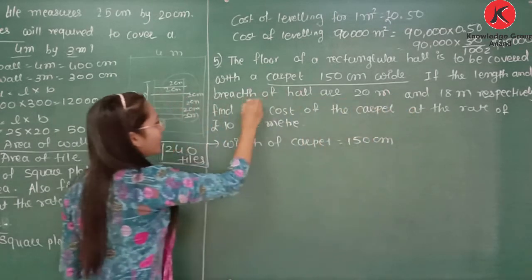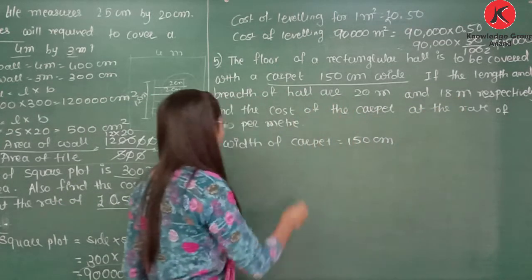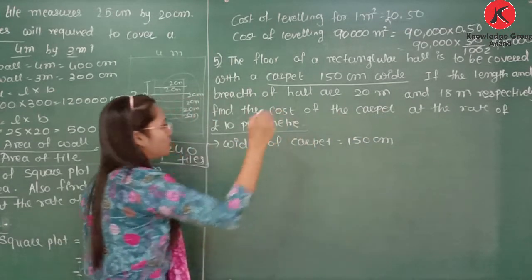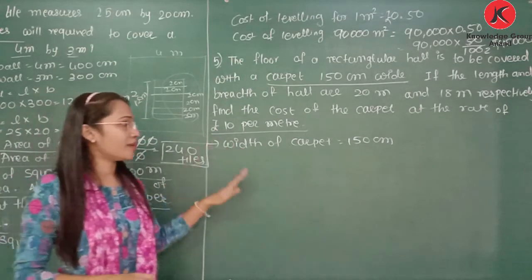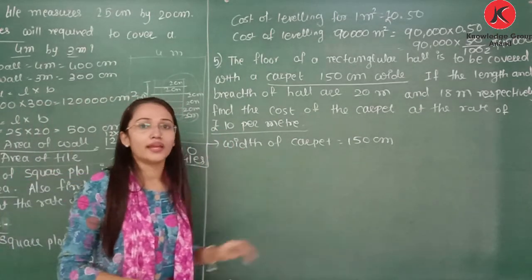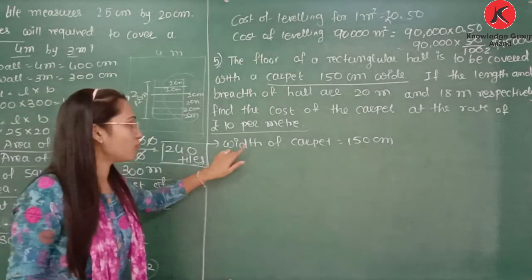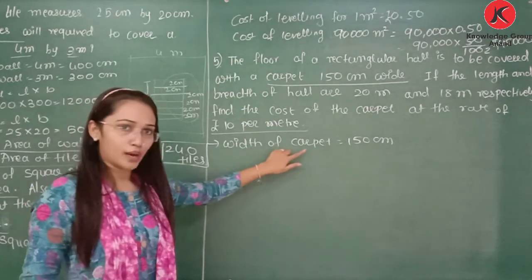If the length and breadth of the hall is 20 meter and 18 meter respectively, find the cost of carpet at the rate of 10 rupees per meter. Now this cost, if you went to the market and find the cost for any cloth, it will be given for a length. But here in the question width is given. So first of all we need to find length of the carpet.